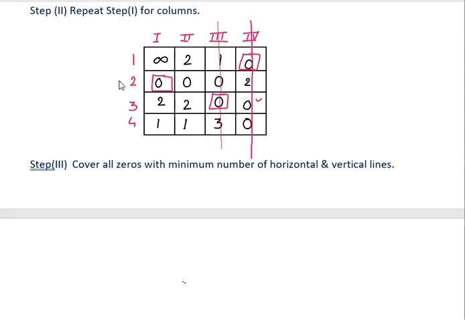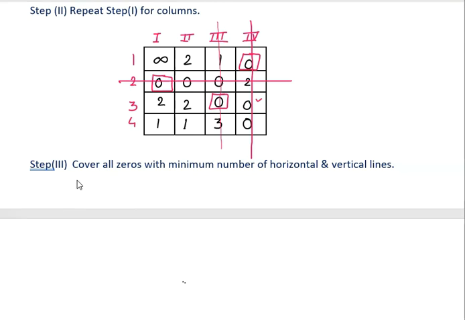So we draw a horizontal line. Now column number 2 does not contain a single zero. So in this way, all zeros are covered with 3 lines, 2 vertical lines and 1 horizontal line.